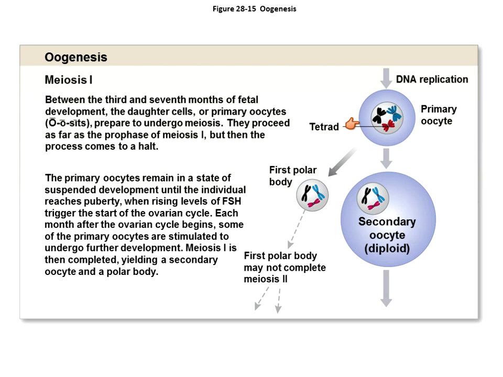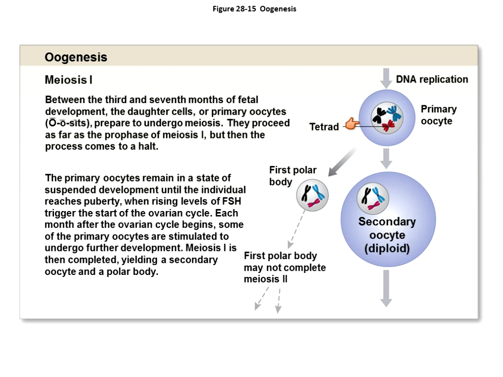So meiosis 1 is then completed. At the end of meiosis 1, this only happens for one egg at a time. So this particular egg, or very few eggs at a time, is going to be stimulated to undergo further development. And remember, meiosis has two divisions, meiosis 1 and meiosis 2.